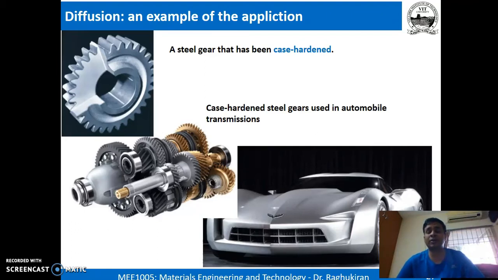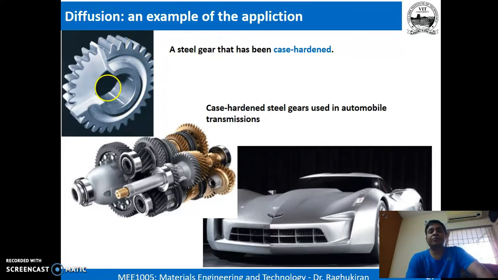let me quickly tell you the significance of diffusion in any material, especially for engineering. If you see the image on the left-hand side, that is a small gear wheel where we want to transmit power, and the surface needs high hardness.